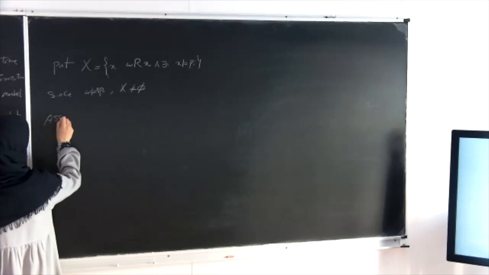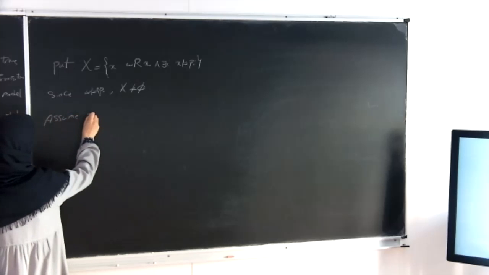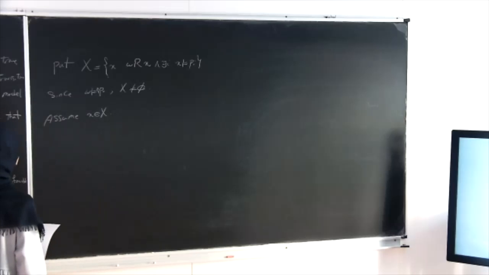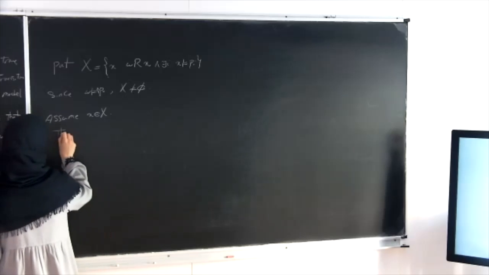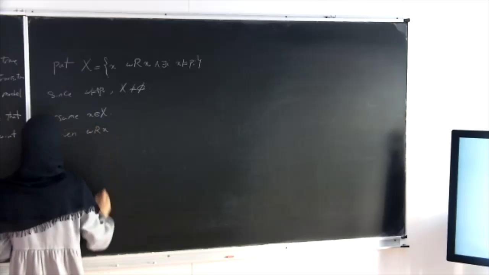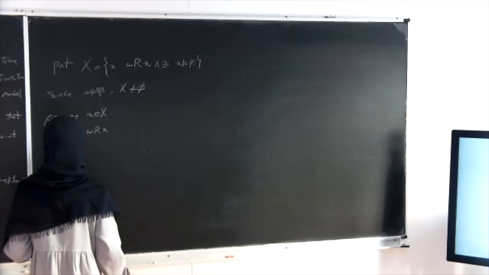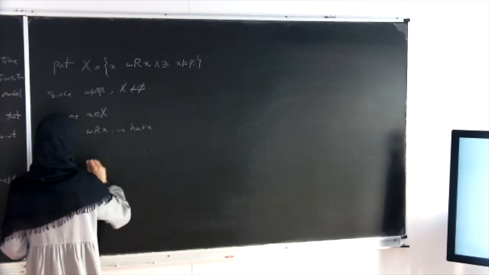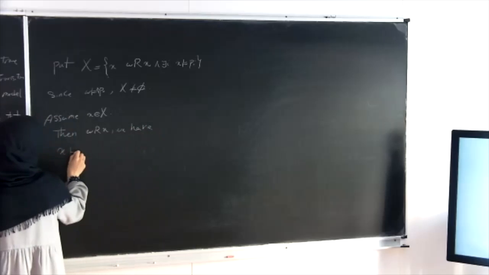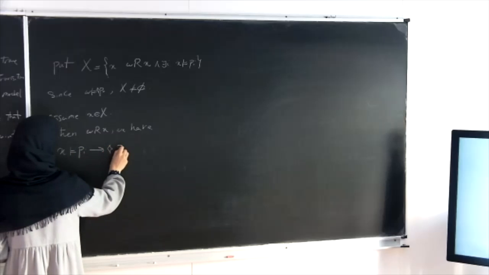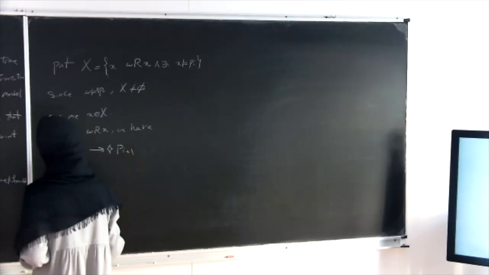Now assume that x is some point in X. Then by definition of X, x is accessible from W. And we have x satisfies Pi, then diamond of Pi plus 1.